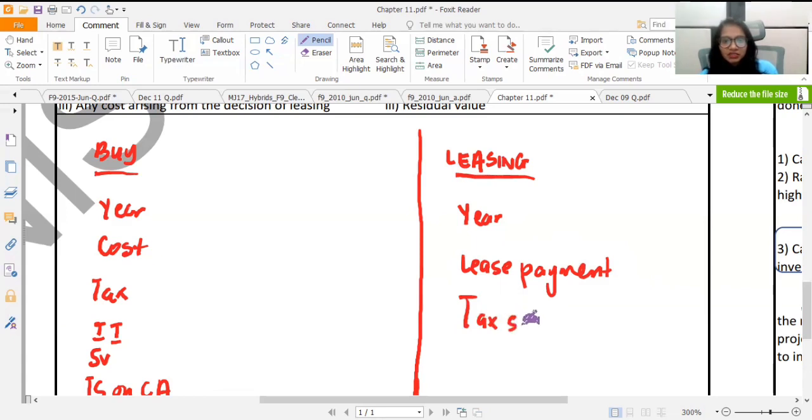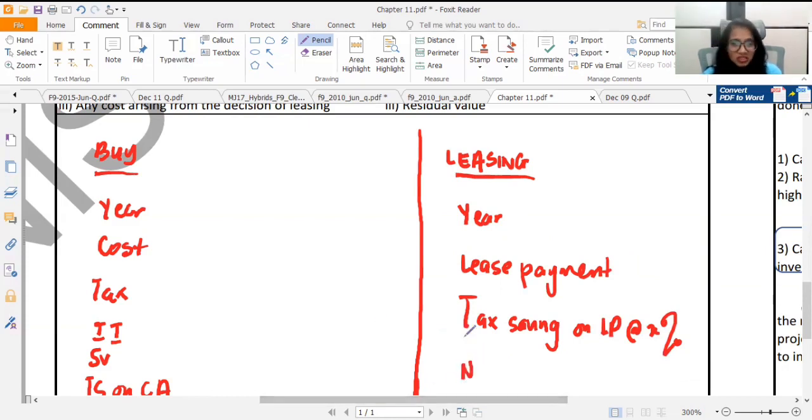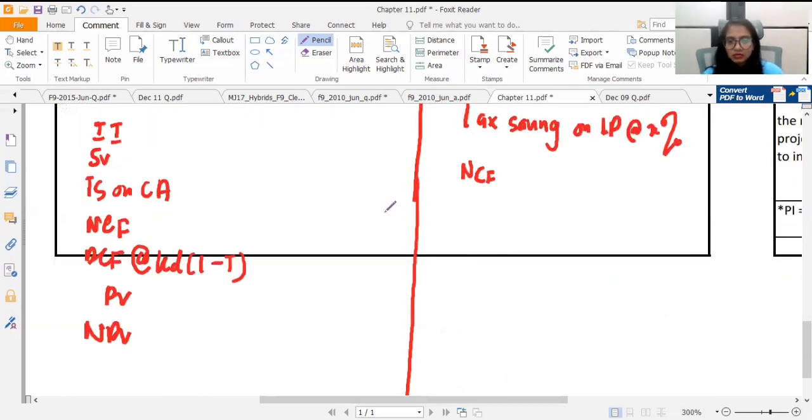So, tax saving on lease payment will be at however many percentage. And then if you have any other costs, which normally I don't see, but possible as long as it's a financing cost. And then your net cash flow, discount factor, PV, and NPV. Your discount factor still remains at Kd(1 minus T).